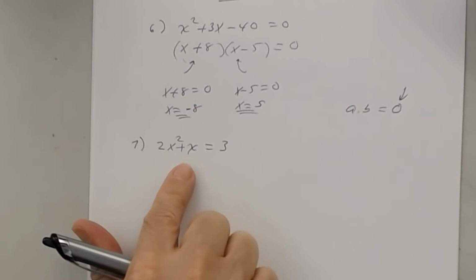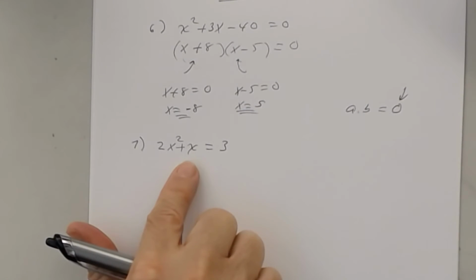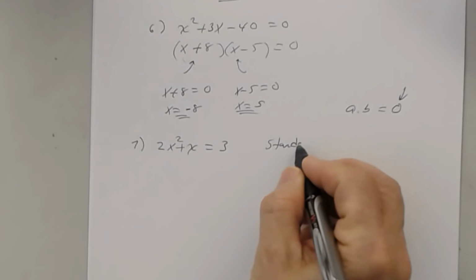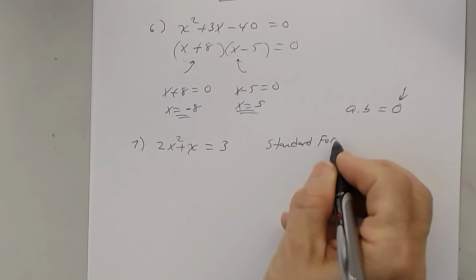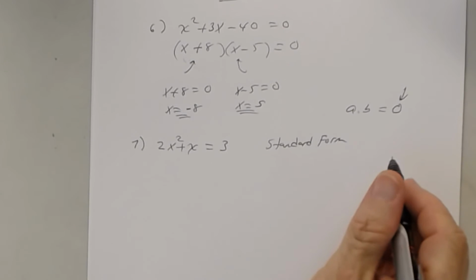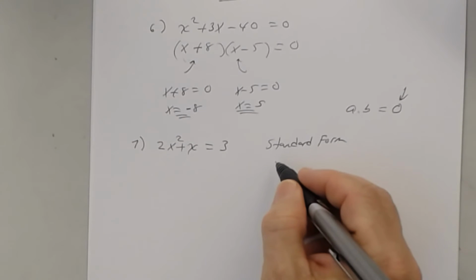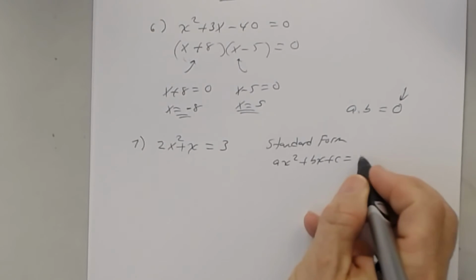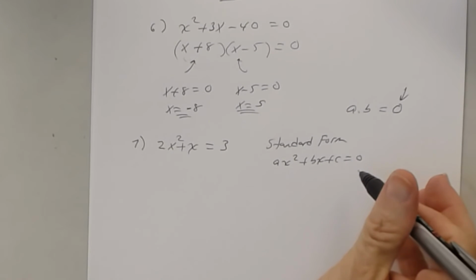So what you got to do is this. You got to remember this. It's a new phrase, I guess. You got to put this in standard form. So in solving a quadratic equation, it's got to be in standard form. And standard form looks like this: ax squared plus bx plus c equals 0. See the zeros on the other side.